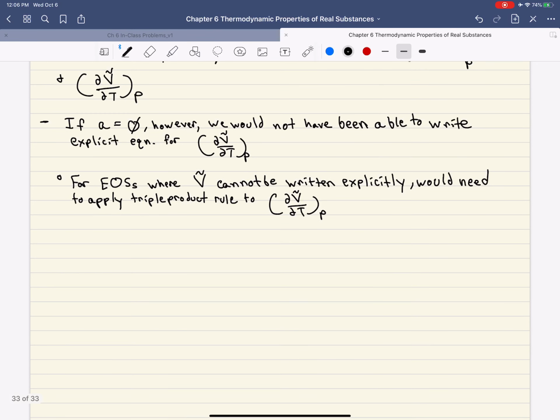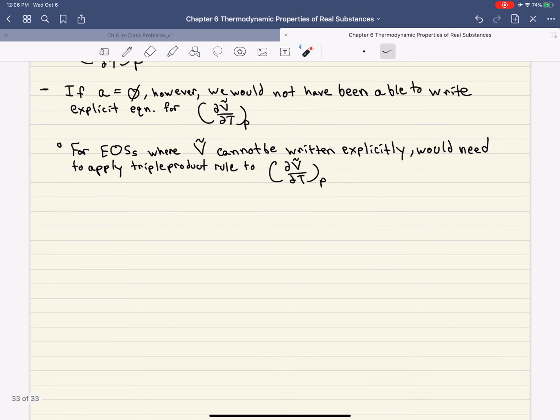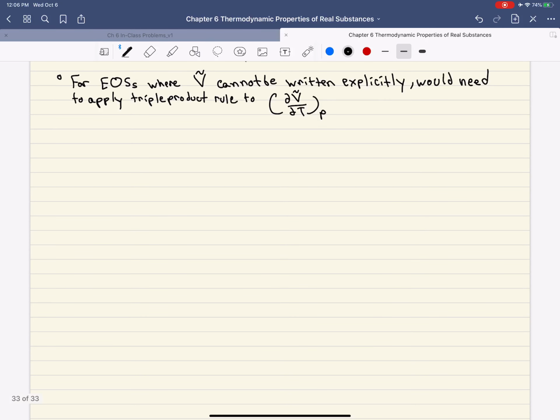In any case, though, we did these problems in the context of looking at gases. But this same strategy also applies for when you're dealing with liquids.